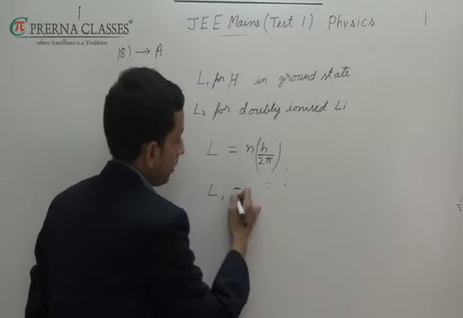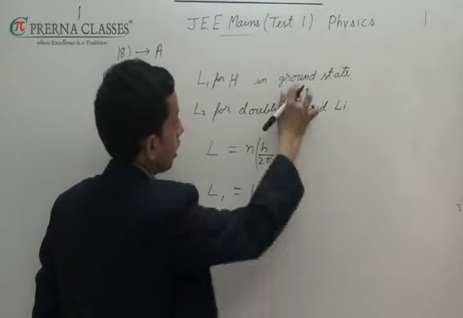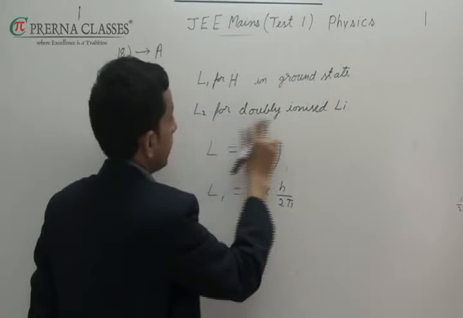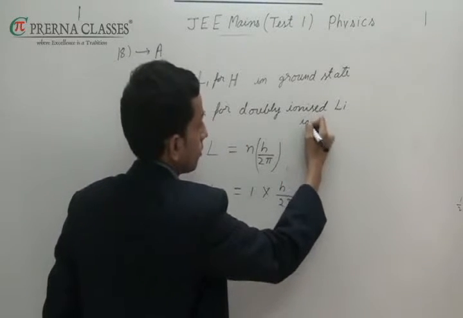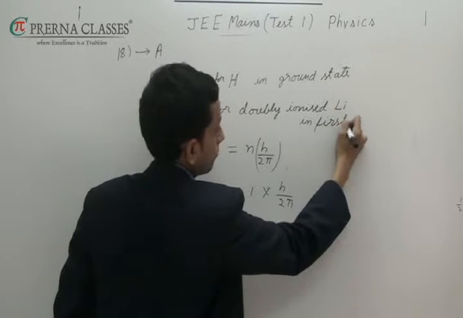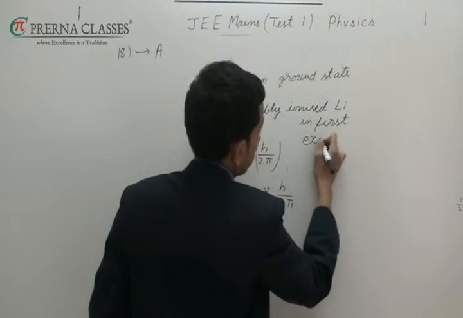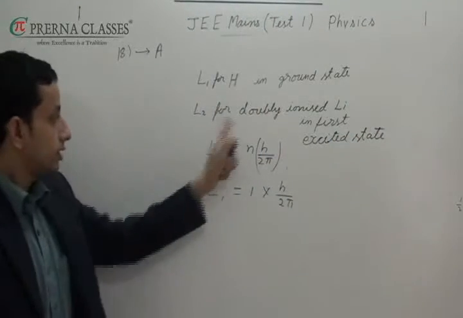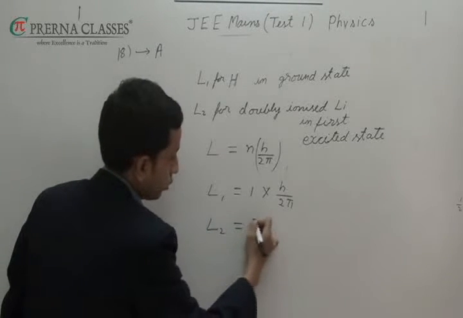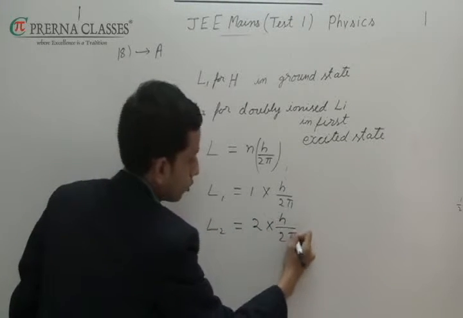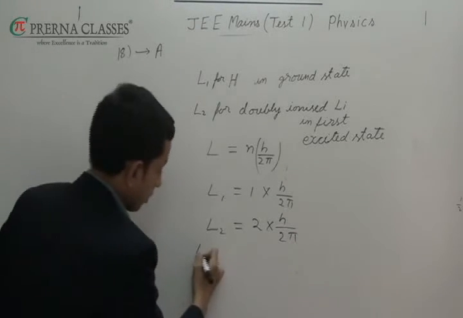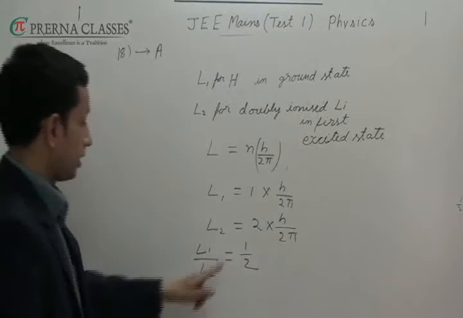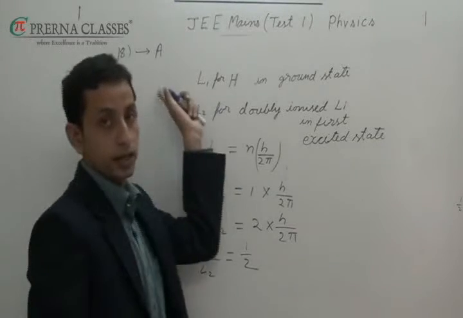So for L1, n will be 1 because it is for ground state, so h by 2 pi, and L2 is for doubly ionized lithium in first excited state, where n is 2. So L2 will be 2 into h by 2 pi. Now if we take the ratio, L1 by L2 will be equal to 1 by 2, and our answer will be option A.